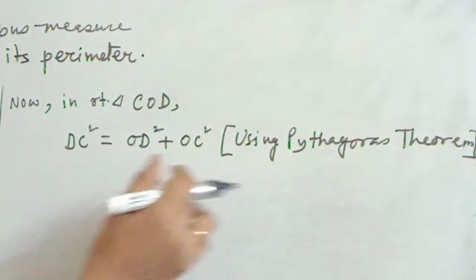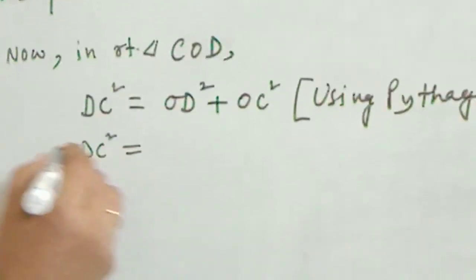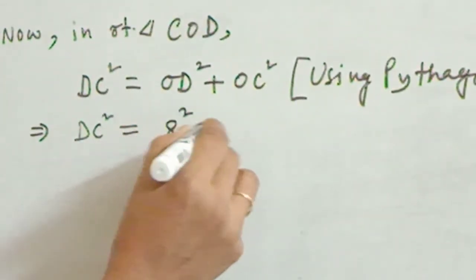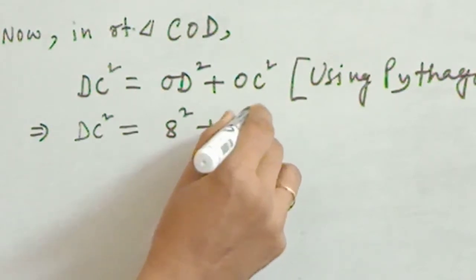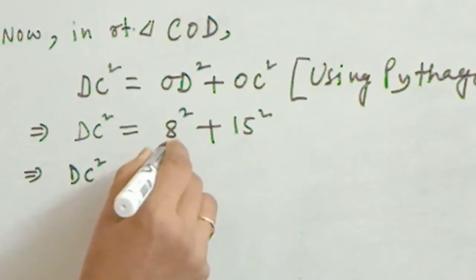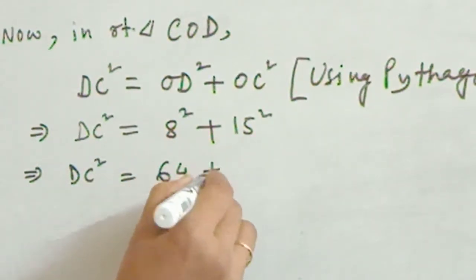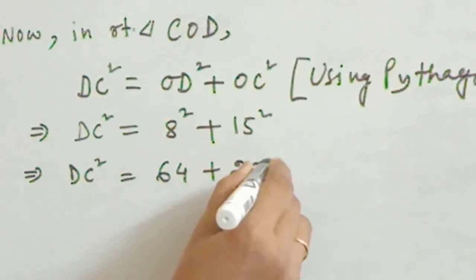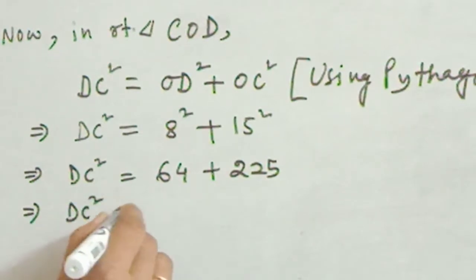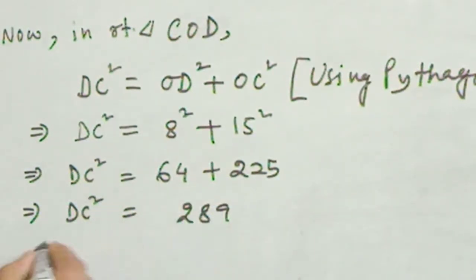DC square, we don't know the length of DC, so DC square is equal to OD, that means 8 square, plus 15 square. DC square equal to 8 into 8, 64, plus 15 into 15, 225. DC square equal to 289.